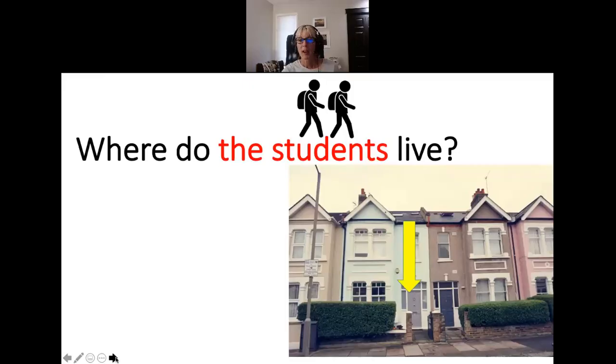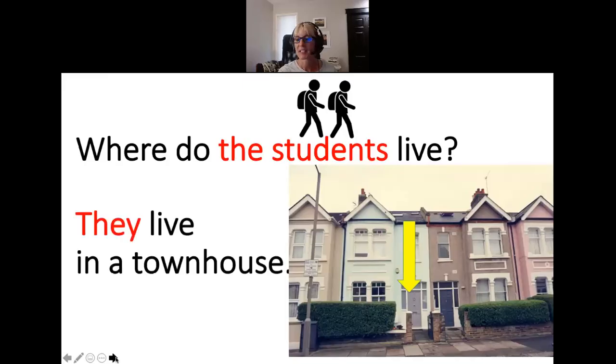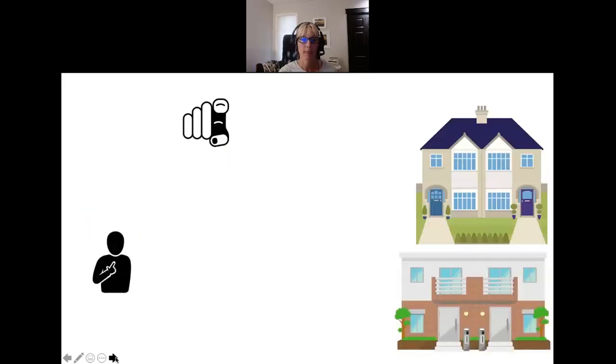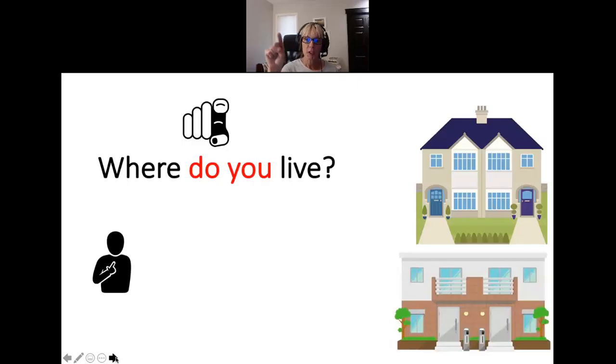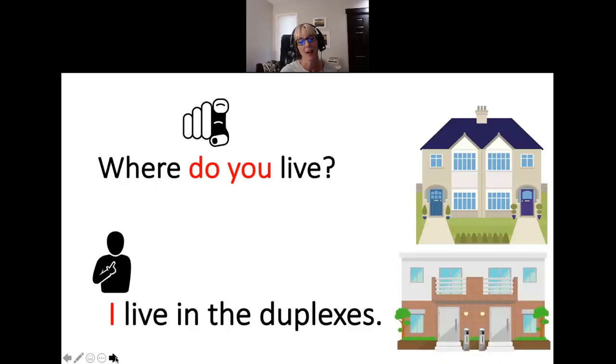Where do the students live? They live in a townhouse. Where do you live? I live in the duplexes.